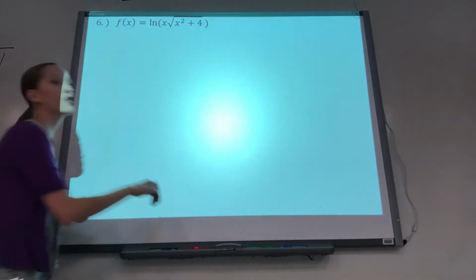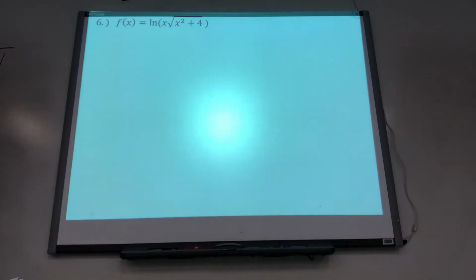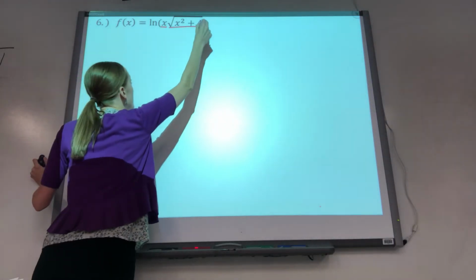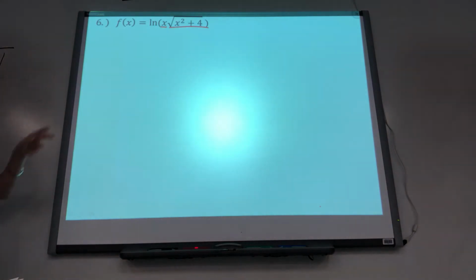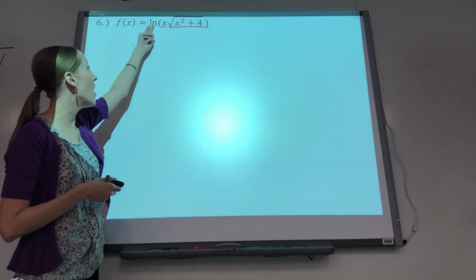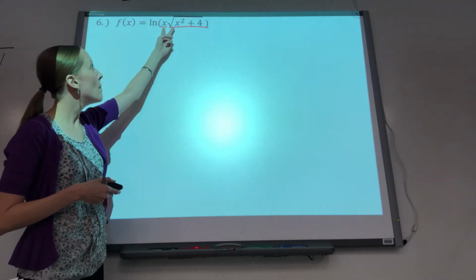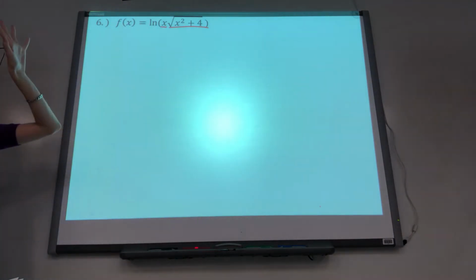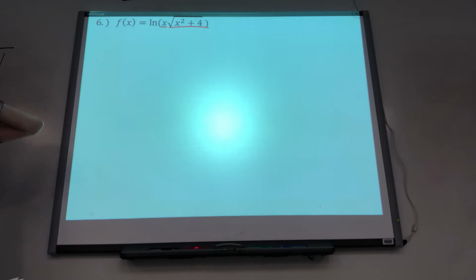Now, there are different ways to do this, but I want to show you a shortcut. It goes back to some of our logarithmic properties. Anytime you're taking the log of a product, you can separate that out using what sign? A plus or a minus?